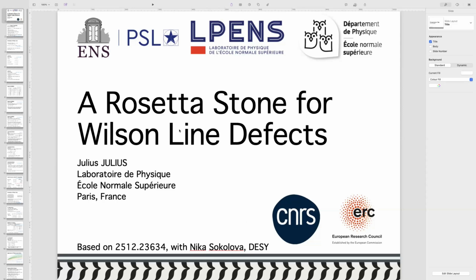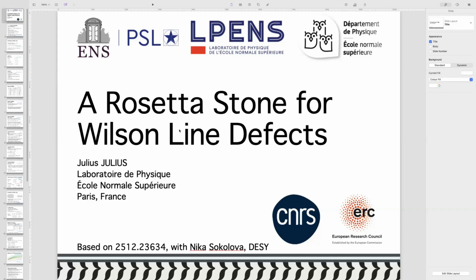The reason for the title is the following. The general thing that we're trying to do is look at these holographic defect setups and ask whether there is a smooth map between degrees of freedom on the weak coupling gauge theory side and the degrees of freedom on the strong coupling string theory side.